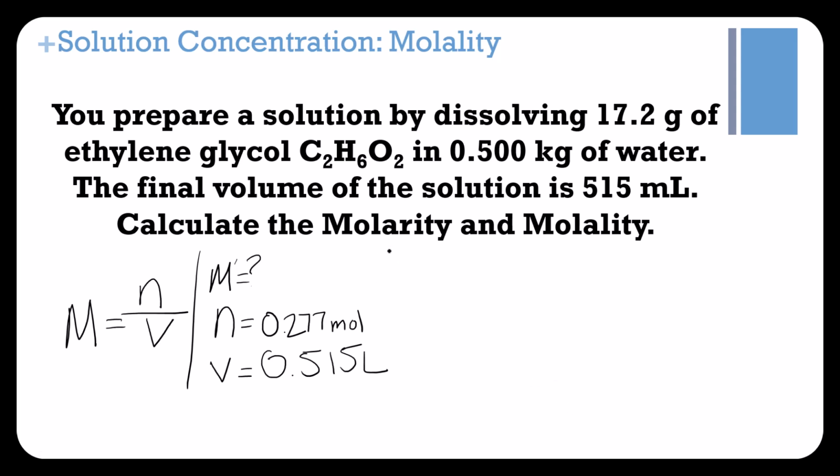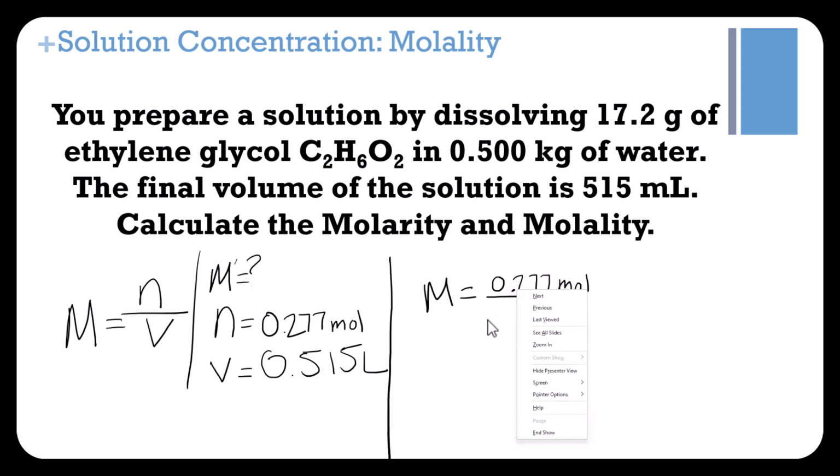Alrighty, so I have written down my formula. I have taken inventory of what I know, what it is I'm trying to solve for. Now at this step, I can simply plug and chug. Plug it into my equation and chug through it. So molarity equals 0.277 moles divided by 0.515 liters.